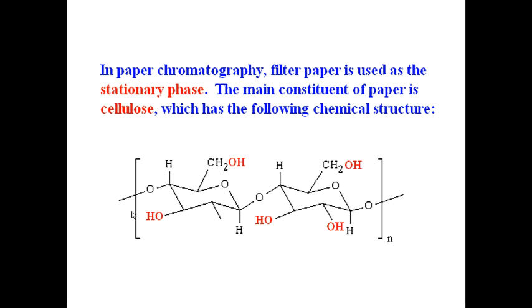For instance, if you've done paper chromatography in the past, or t-shirt chromatography, you take a filter paper or a piece of cotton, and that's your stationary phase. Either of those would have cellulose as their basic chemical structure. Here's the structure of cellulose.